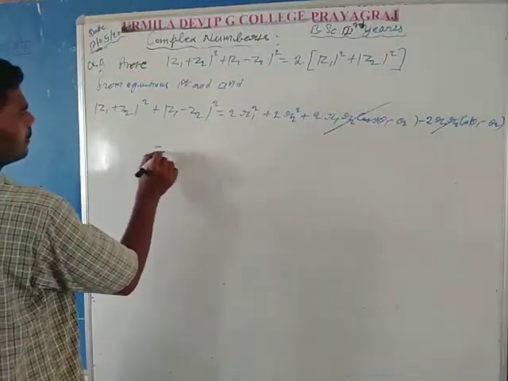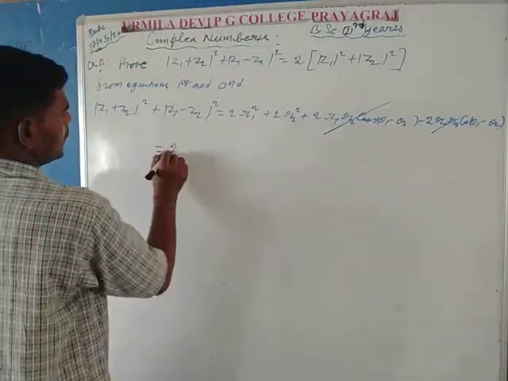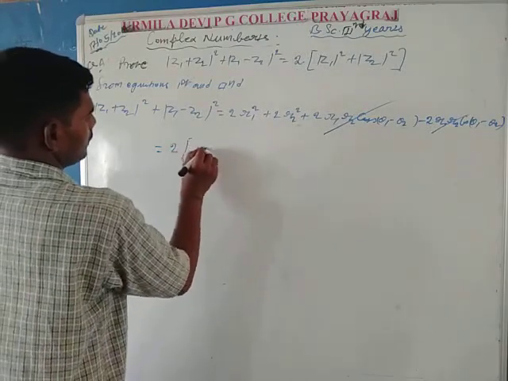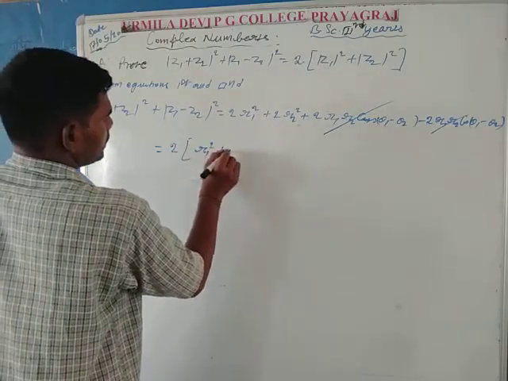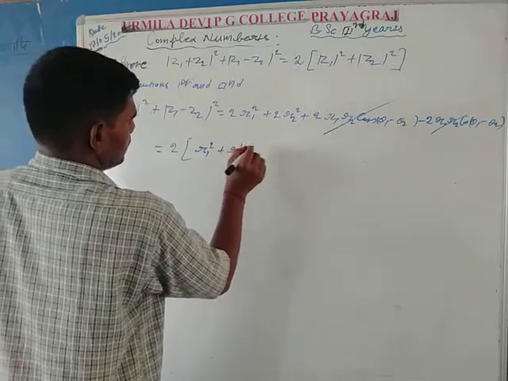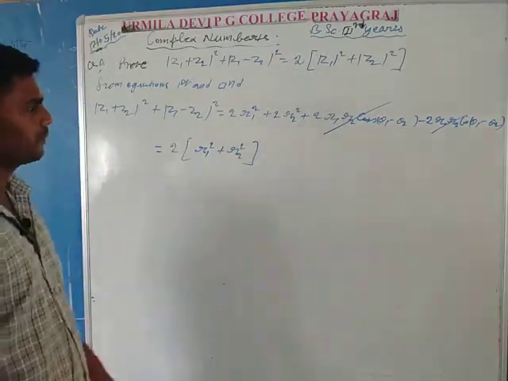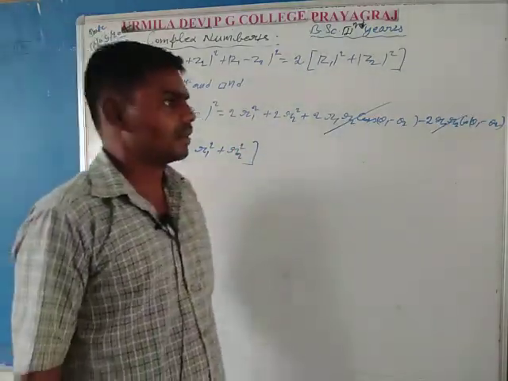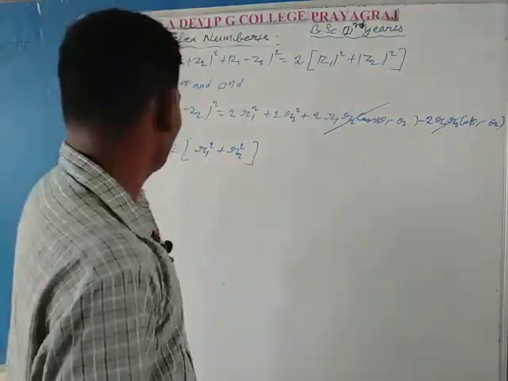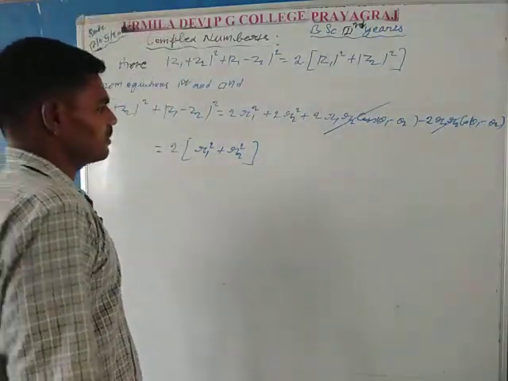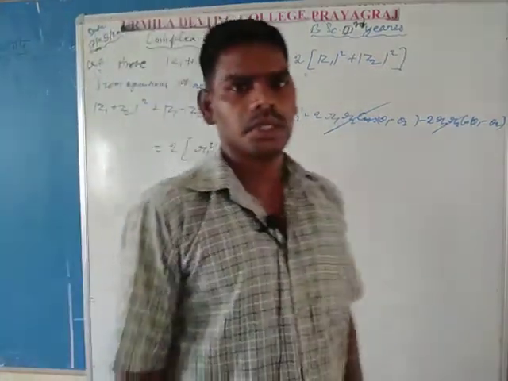Therefore, taking 2 outside the bracket, we write in the bracket r1 square plus r2 square. But you know that r1 is the modulus of the first complex number z1 and r2 is the modulus of the second complex number z2.